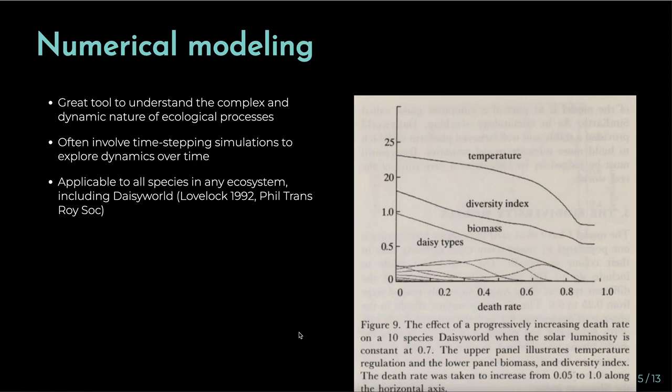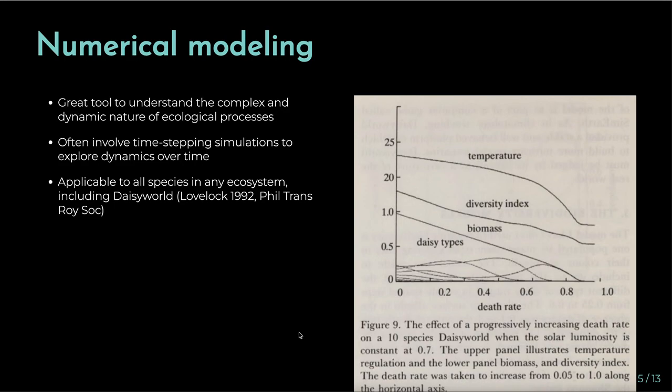Statistical models are closed form equations that allow us to get quantitative predictions of the effect of X on Y, whereas numerical models are essentially just a tool to understand some of the most complex and dynamic processes in nature, and they usually involve some kind of time-stepping simulations to explore these dynamics over time.